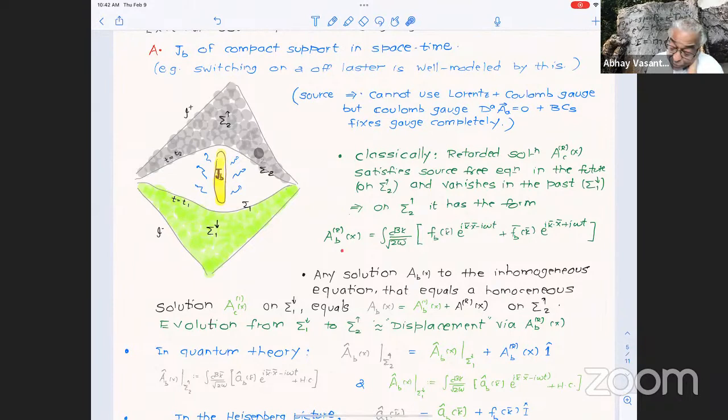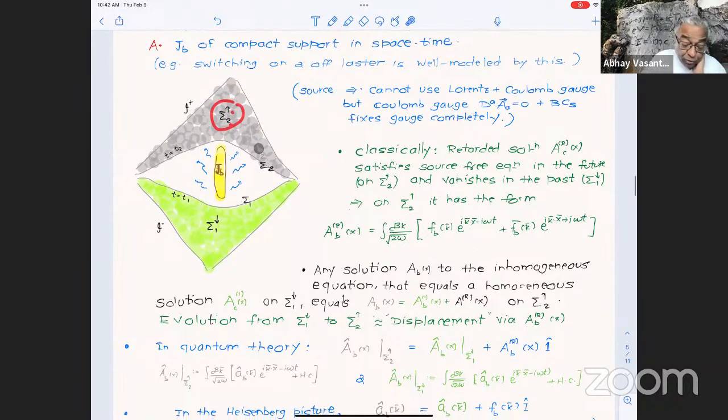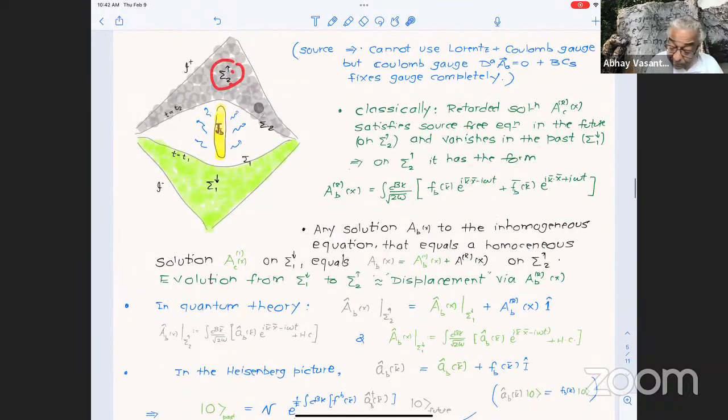I've drawn here a Cauchy surface to the future of which there is no source, and another Cauchy surface to the past of which there is no source. So sigma 1 past is the past of sigma 1. In this sigma 1 past, I have source-free solutions, and in sigma 2 future, I also have source-free solutions.